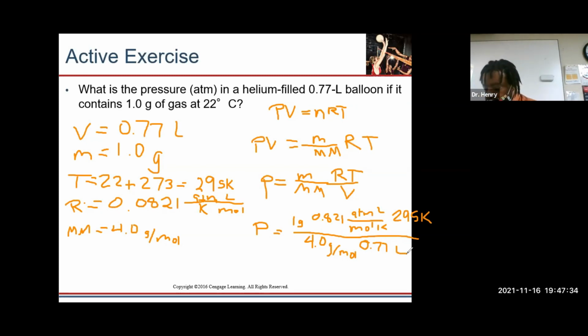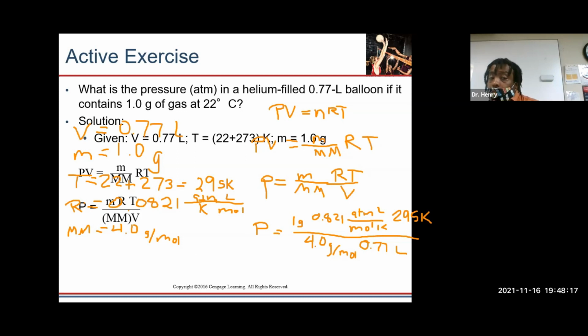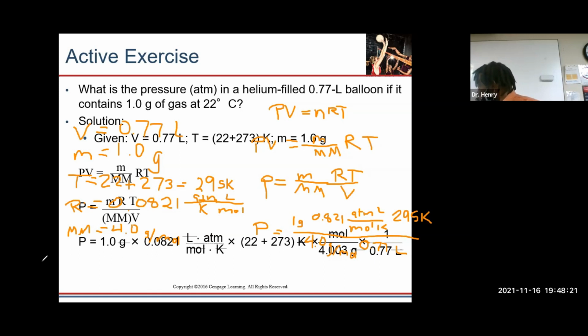Plug it in and do the calculations. Okay, what did you guys get? You got 7.9? ATMs, not liters.